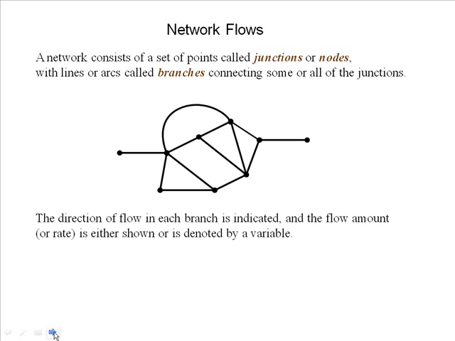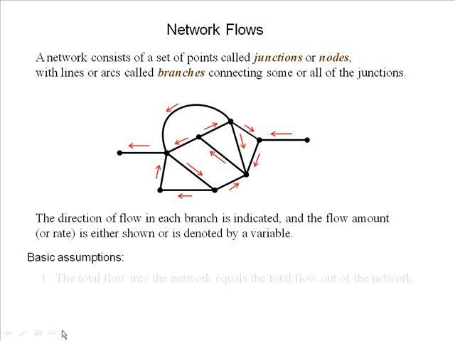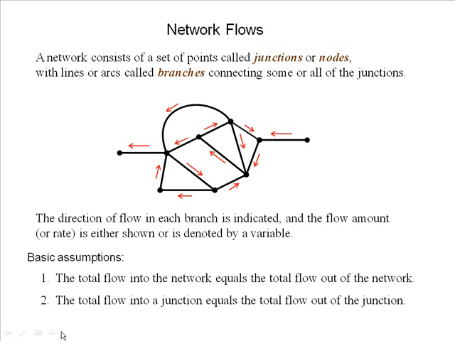The direction of flow in each branch is indicated, and the flow amount or rate is either shown or is denoted by a variable. So we have two basic assumptions. Number one, the total flow into the network equals the total flow out of the network. And number two, the total flow into a junction equals the total flow out of the junction.